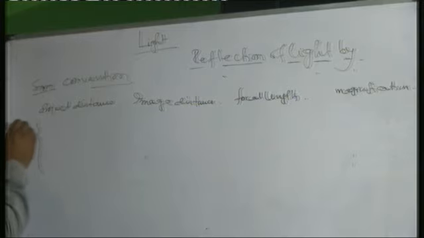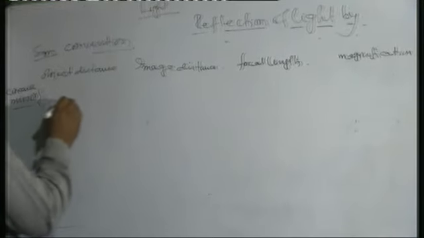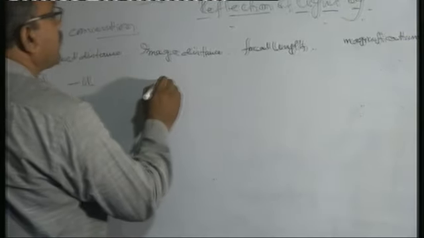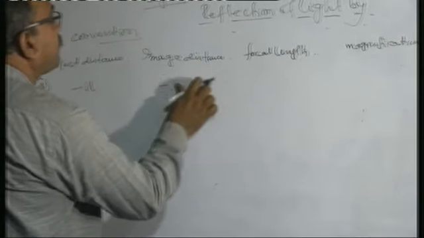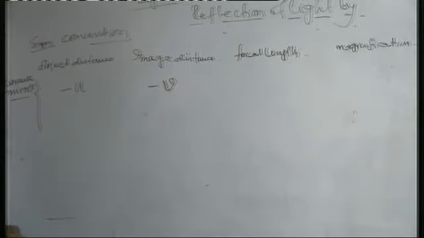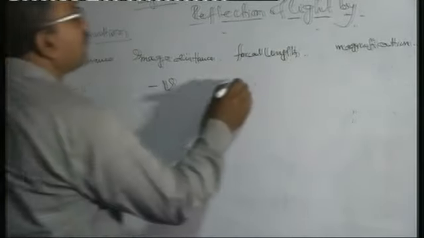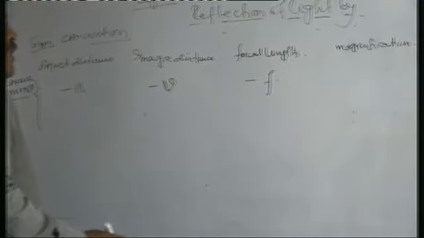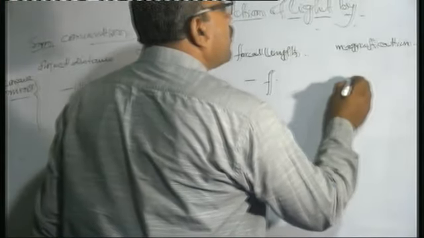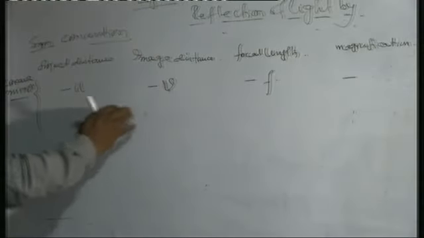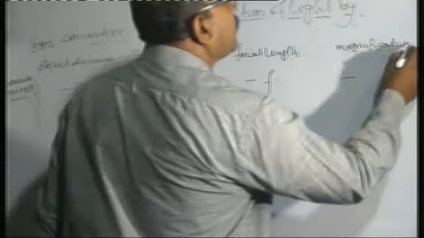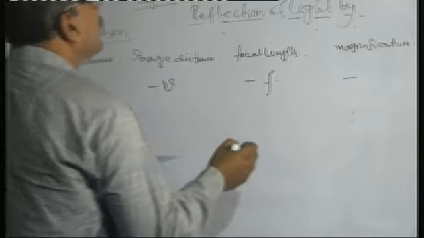For the concave mirror, the object distance is always negative. Image distance may be negative, may be positive. When negative and when positive. Focal length always negative. If magnification is minus sign, that is for the real image.